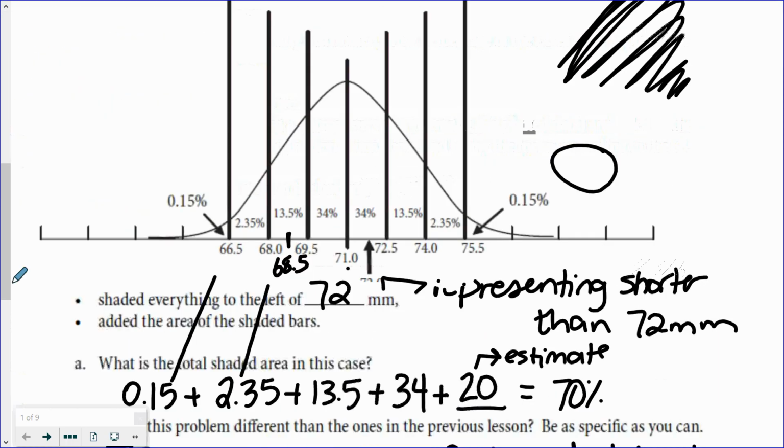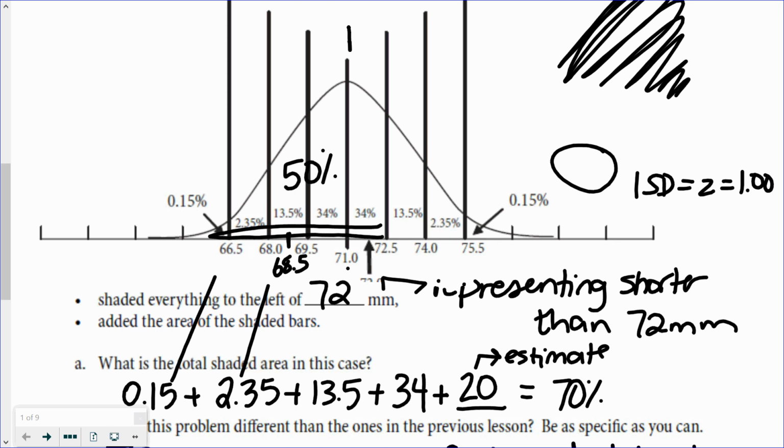So one standard deviation, so that's a z-score equals a z-score of exactly 1.00. So that would be this 72.5. So the area under the curve would be 50%, because that's this side of the mean, plus 34.